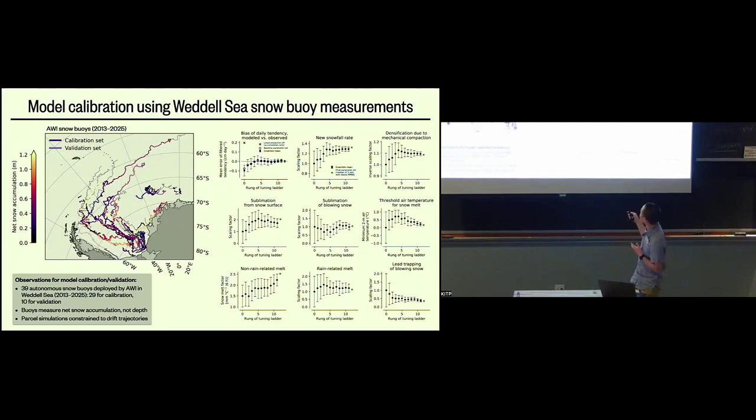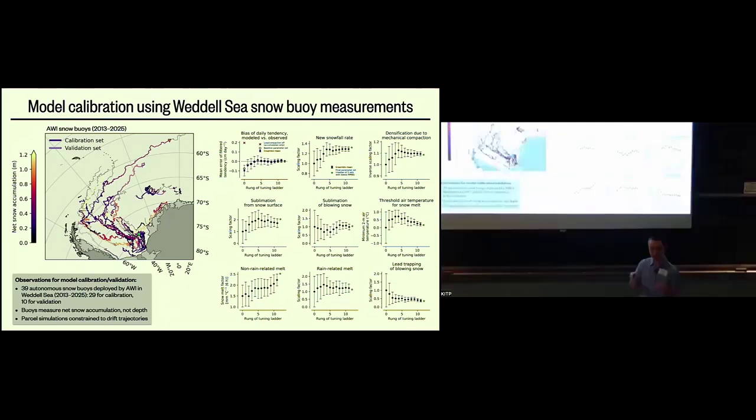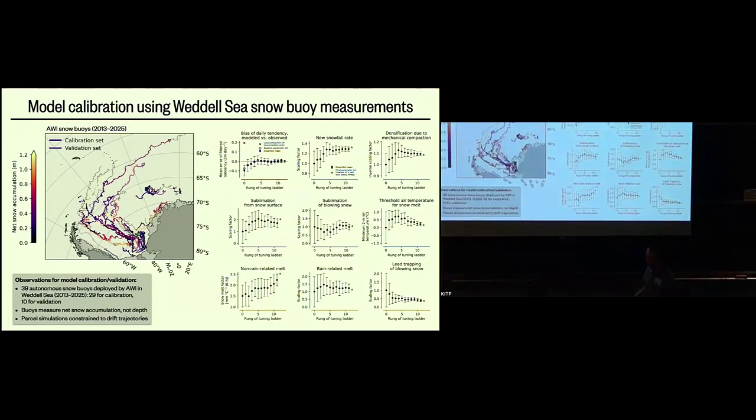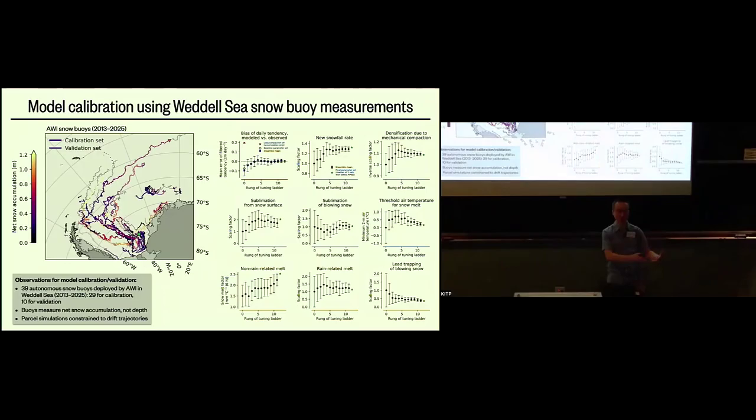Some parameters converge to values similar to their initial guesses, but most of them, especially lead trapping over here, change significantly. In that case, the unscaled parameterization predicted too much lead trapping of snow, and that had to be tuned down.